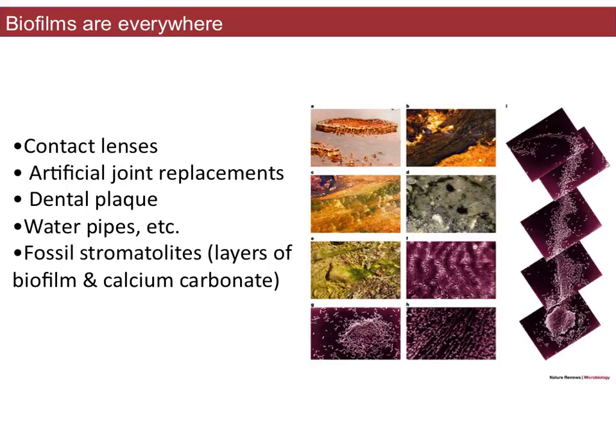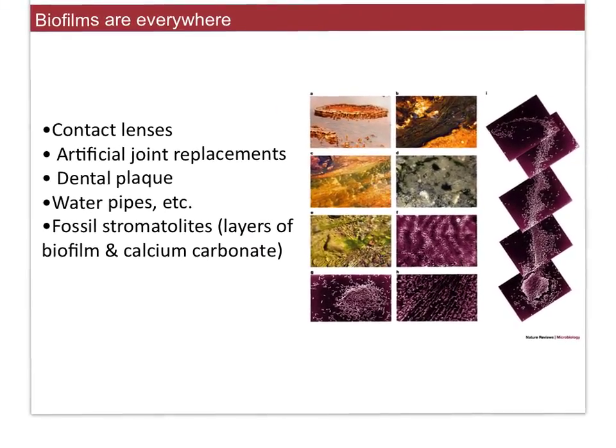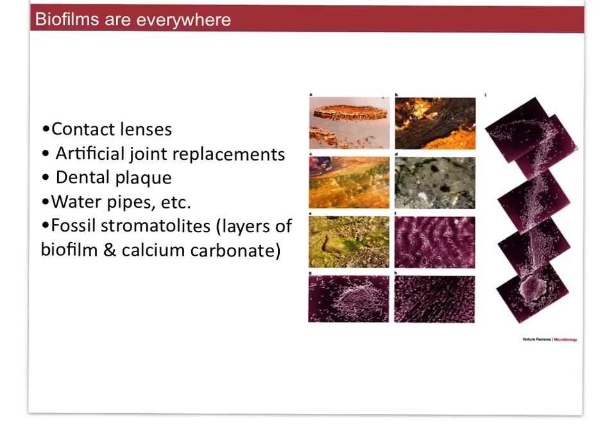One of the places that biofilms form that cause large problems is in different parts of the body, especially on pieces that may have been introduced from the outside. So things like contact lenses. There's a huge problem if you have, say, artificial joints or something like that, of these biofilms forming.